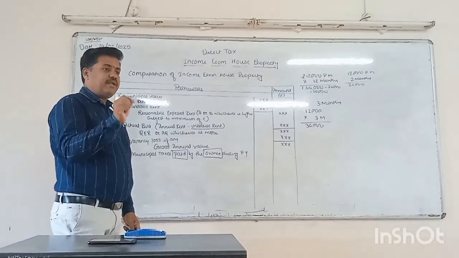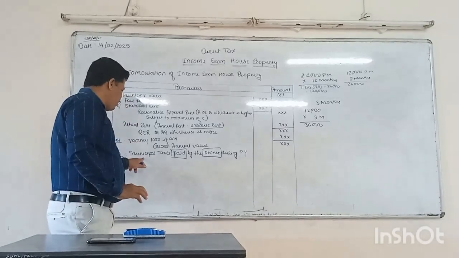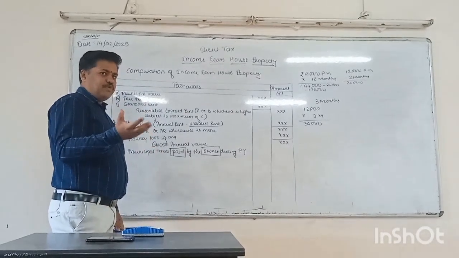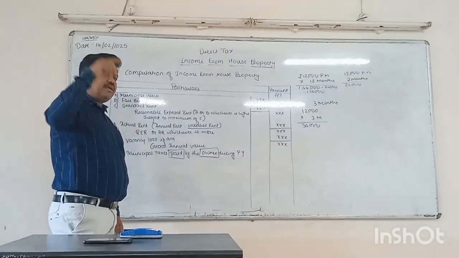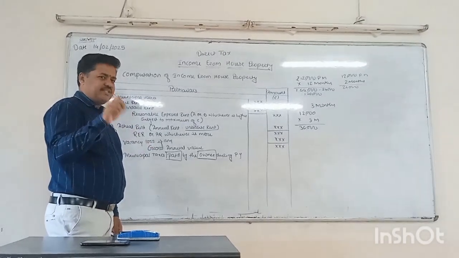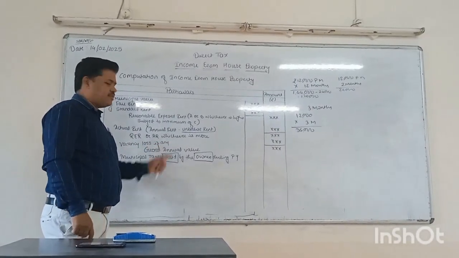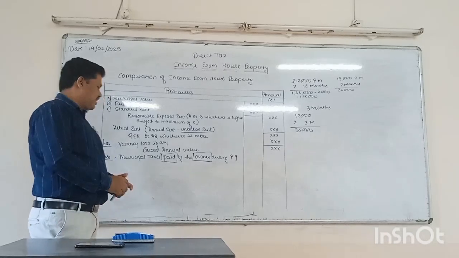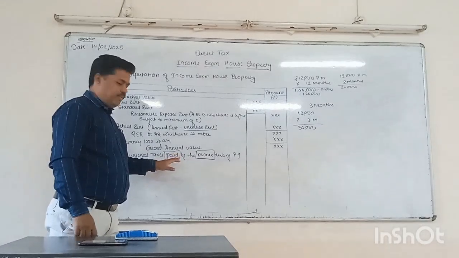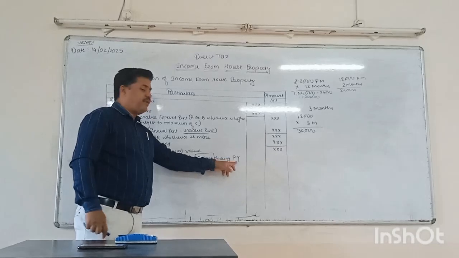If the owner paid municipal taxes, the owner can take the deduction of these municipal taxes from gross annual value. Because in some cases, suppose the owner tells the tenant to go and pay the tax to the municipality, and the tenant pays municipal taxes, in that situation the owner will not take any deduction of municipal taxes from gross annual value. That is why it is clearly stated: municipal taxes paid, not payable, paid by the owner, not by the tenant, during the previous year.